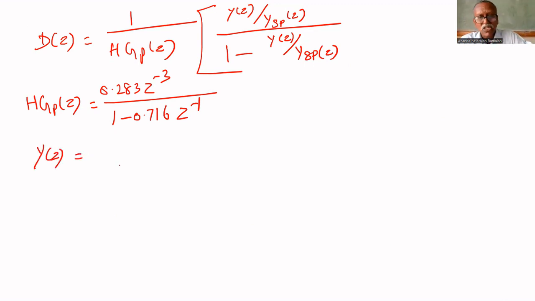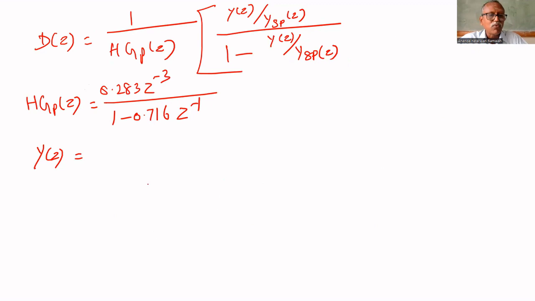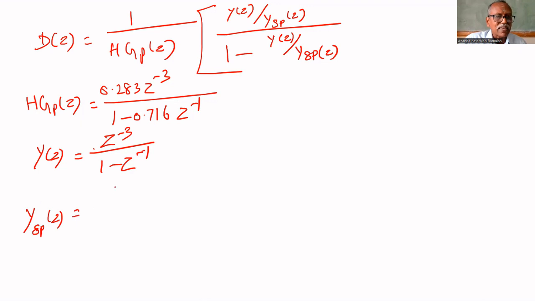That we will also get only after 3 sampling periods, because we are assuming that the dead time is 2 seconds. That's why Y of Z equal to Z power minus 3 divided by 1 minus Z power minus 1. Y set point of Z is the same, 1 by 1 minus Z power minus 1. So we know all these 3 values. Now we can find D of Z.